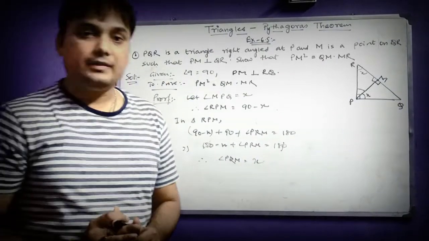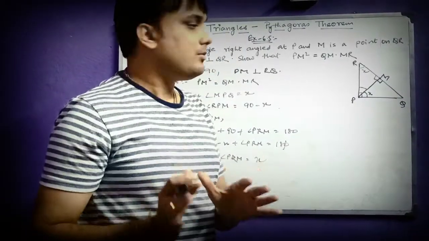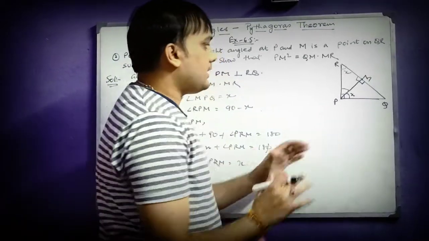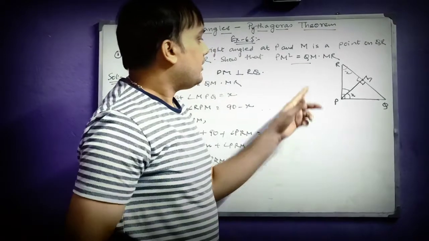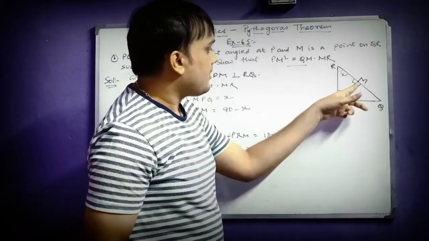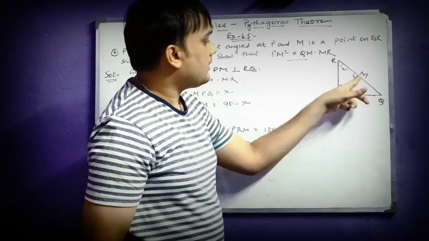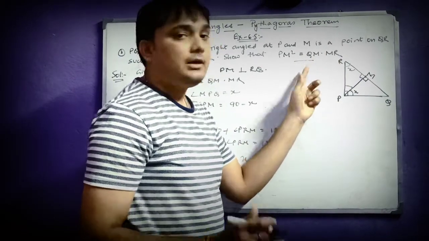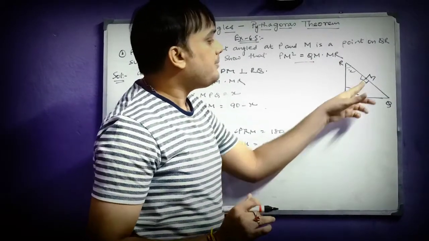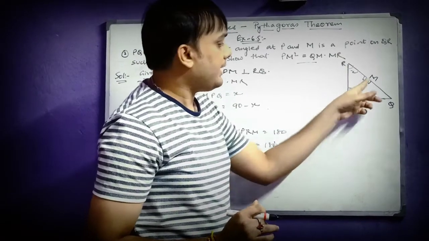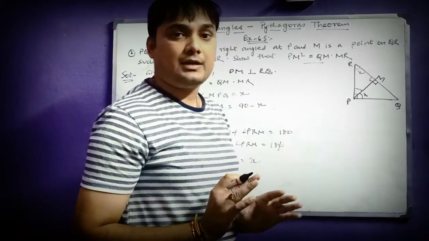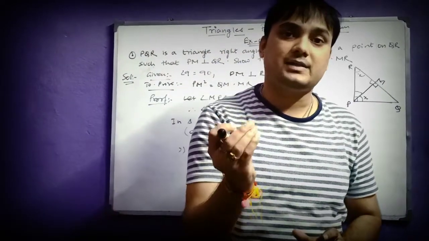I have only done this because I am giving you the main concept of this question. See here. In order to get this statement, you can see PM is here, QM is here, and MR is here. So you have to prove triangle PMR and PMQ similar. To prove these two triangles similar, at least you must have two angles equal.